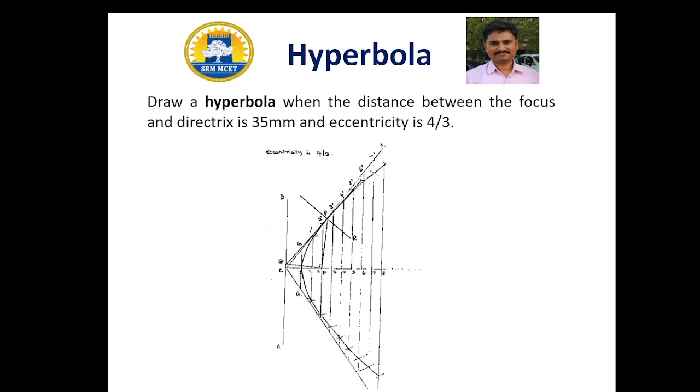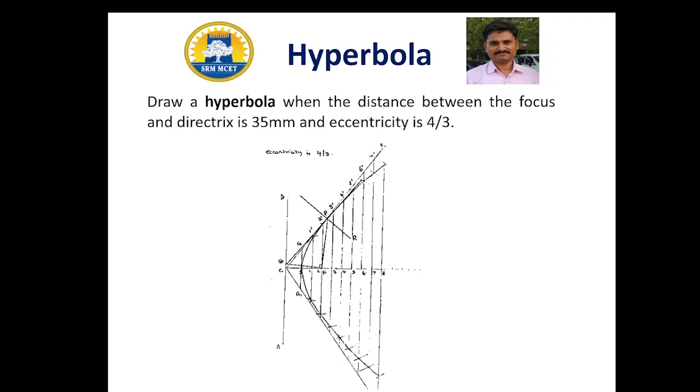Similarly, mark the points 2, 3, 4 up to 8 on the line CE and get the points 2 1, 3 1, 4 1 up to 8 1 and 2 1 dash, 3 1 dash, 4 1 dash up to 8 1 dash respectively.